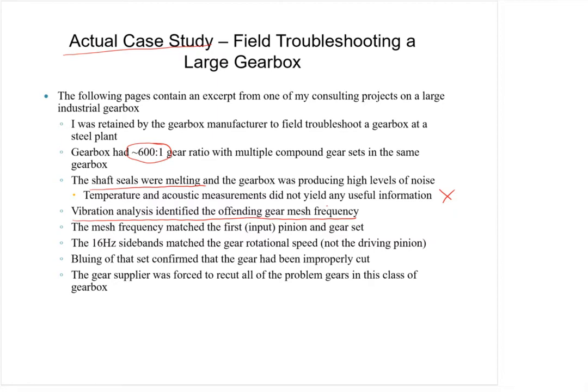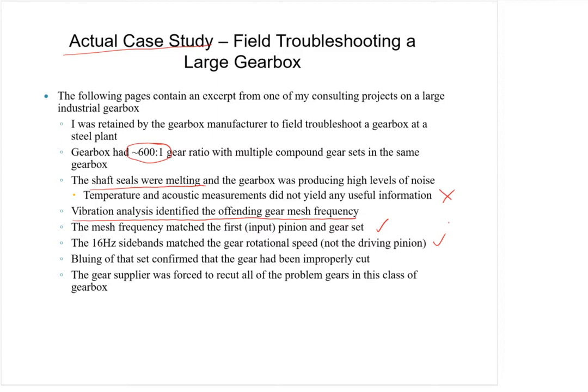The gear mesh frequency, the most obnoxious one, matched the first pinion and gear set, and the side banding matched the gear rotational speed, not the pinion. So that pretty much identified the first gear in the train was the one that was screaming. That's all from vibration analysis.